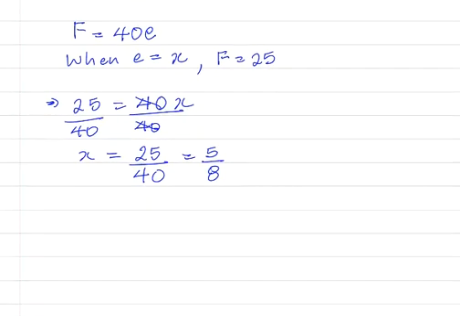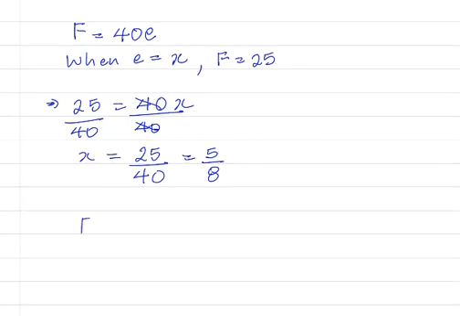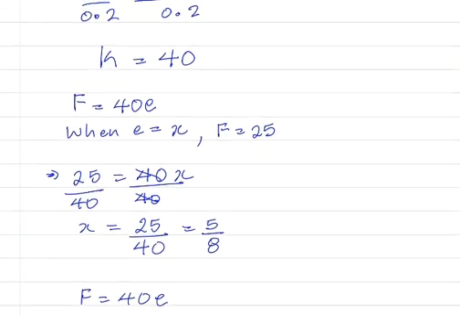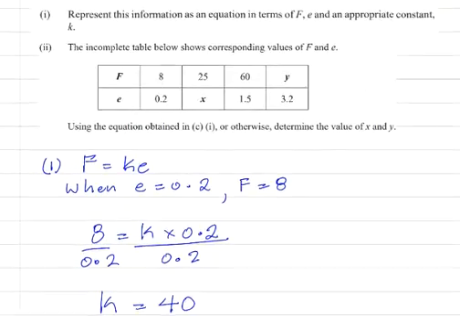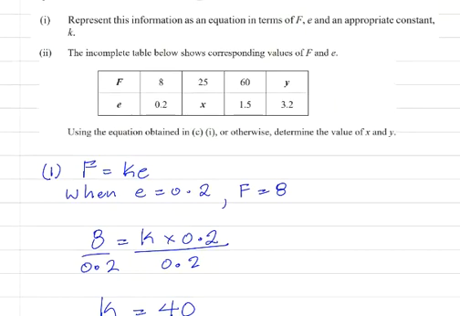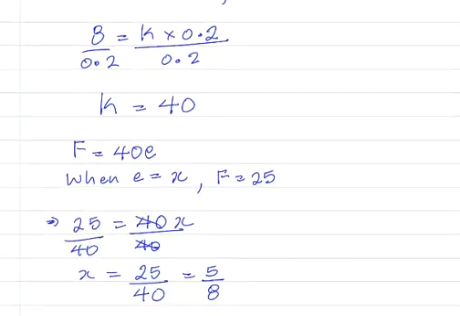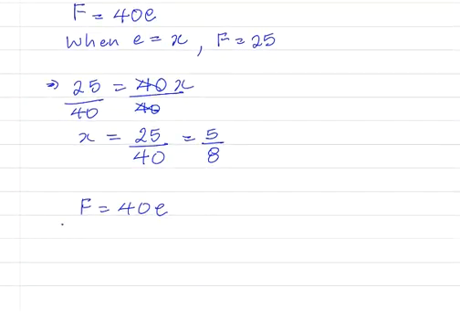What I need right now is the value of y. I'm going to write back the same equation. F is equal to 40E. Alright, go back up to my table to see what's going on. And this is saying when E is 3.2, F is equal to y. So I'm going to write that when E is equal to 3.2, F is equal to y.